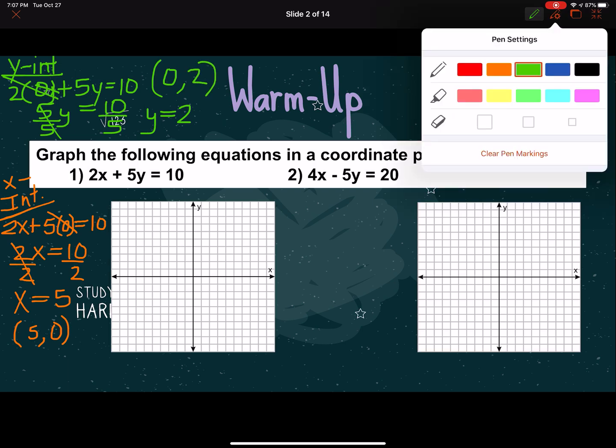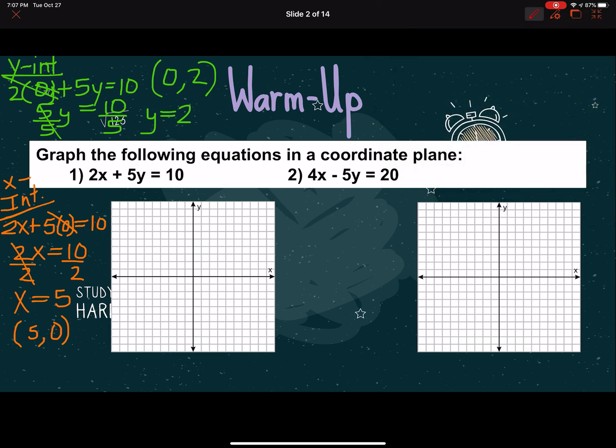So I'm going to place both of those on the graph, and then I will have my line. My x-intercept is going to cross at 5. 1, 2, 3, 4, 5. So I'm going to put my point there. My y-intercept is going to cross at 2. So I have my 2 points. Now I can make my straight line.